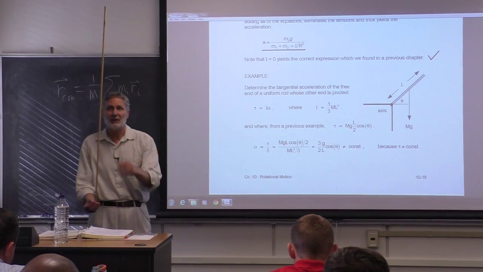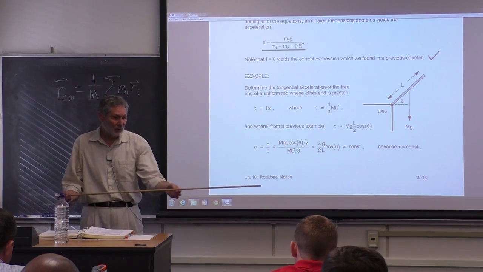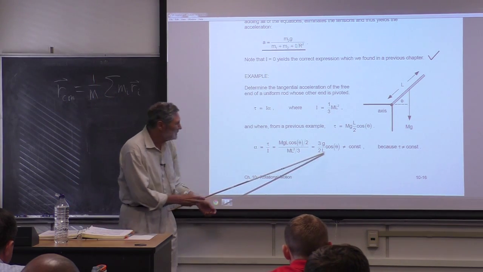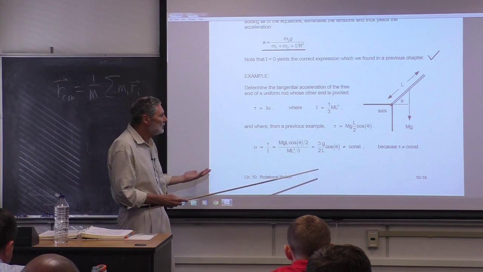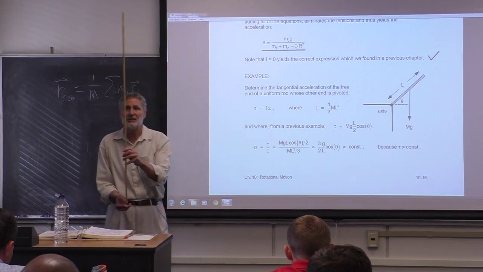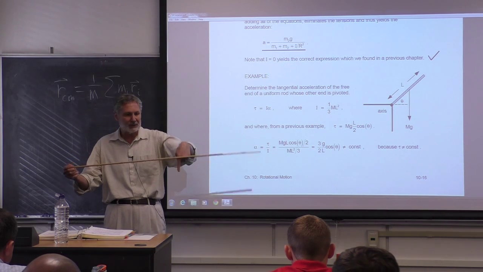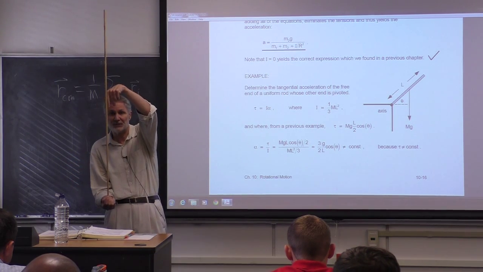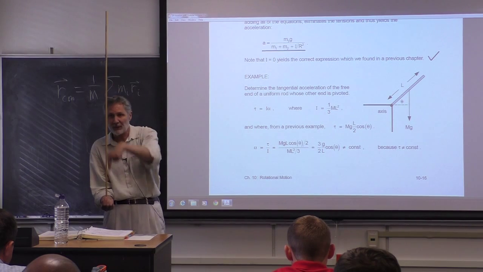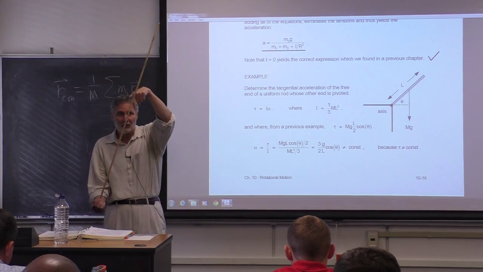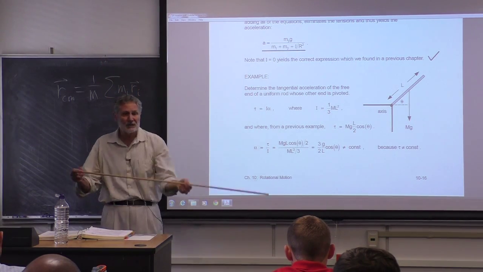And it's going to be the greatest when we have the greatest torque down here. Incidentally, the reason this is not constant is we don't have constant torque here. The torque is 0 here. It's going to be a maximum here because the moment arm is the biggest distance here. The moment arm starts at 0 here. The force is going right through the axis. So the moment arm here is increasing, and it's going to be the maximum here.